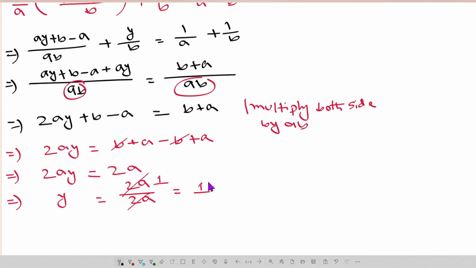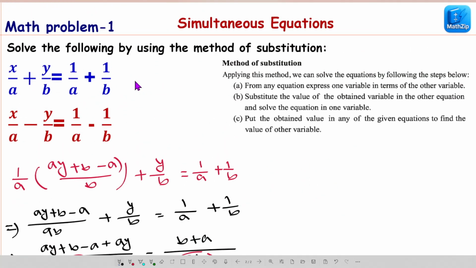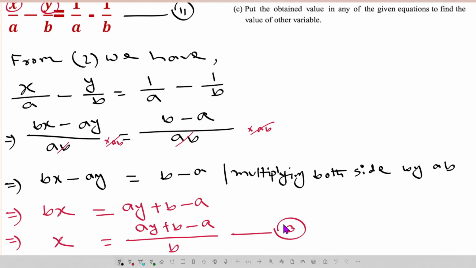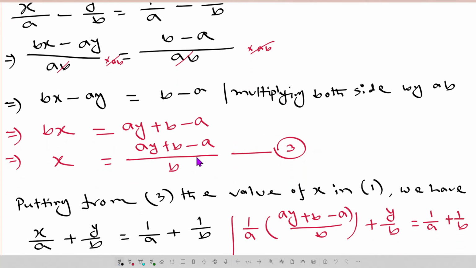Now look, one variable we already get. Now this y we can put in any equation: first equation, second equation, or the third equation we made. Once we put this value, you will get the value of variable x, right. So now we put y equals 1 in equation 3.